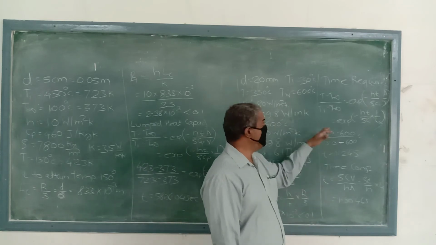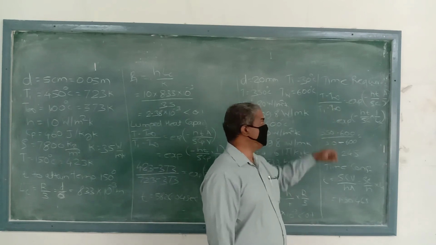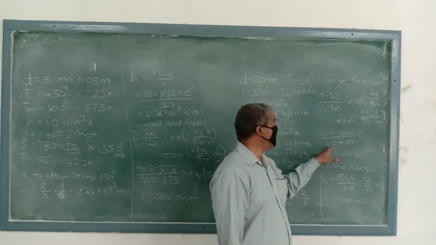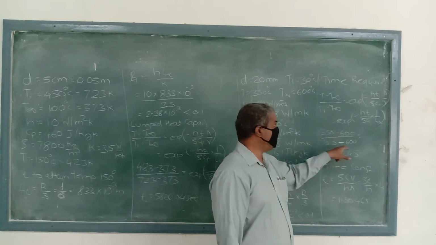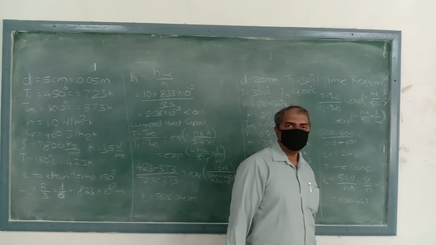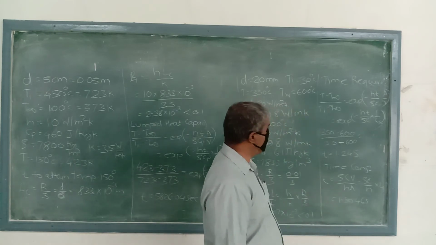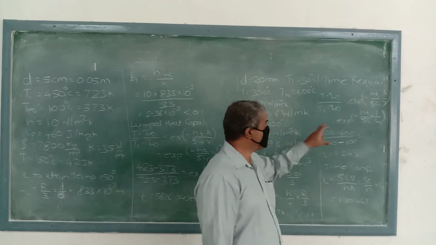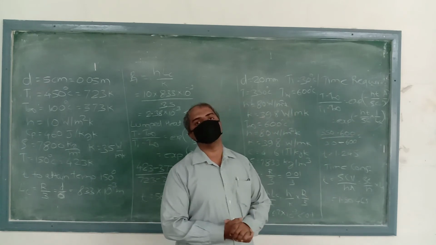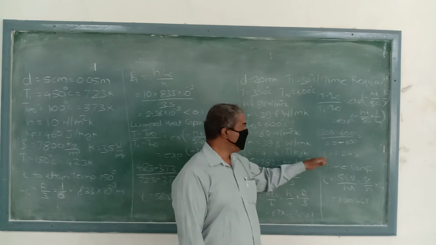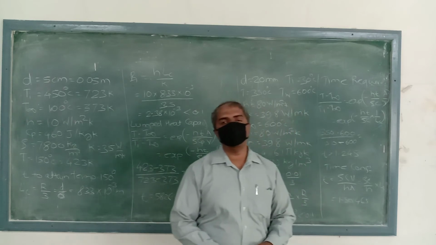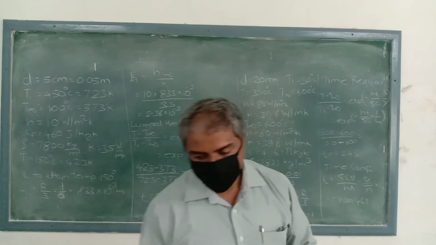We substitute the value of T they have given, that is (350 minus 600) upon (30 minus 600), and substituting all the values given in this data, we get the time required from 30 to 350 as 1245 seconds.